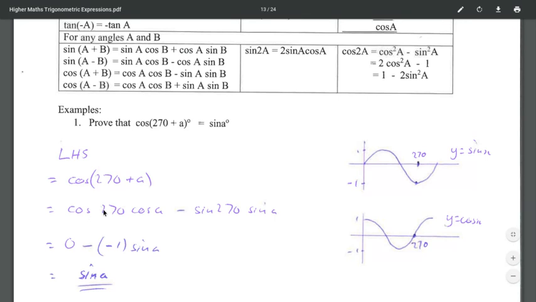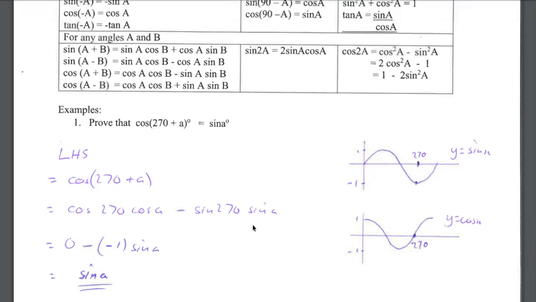Now what was the cosine of 270 degrees? To find that, I would quickly sketch my cosine curve and find out at 270 that the height of the curve is 0, so the cosine of 270 is 0. So 0 multiplied by the cosine of a is just 0, minus sine 270 multiplied by the sine of a.